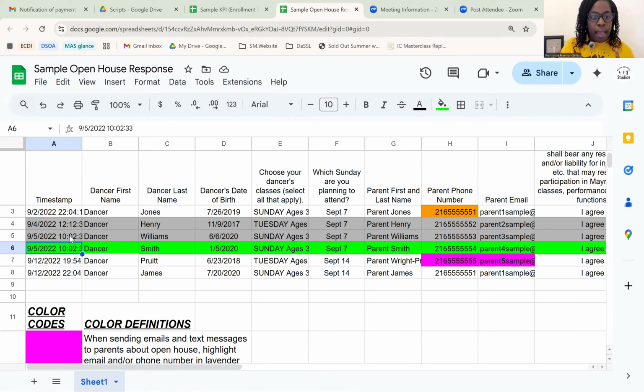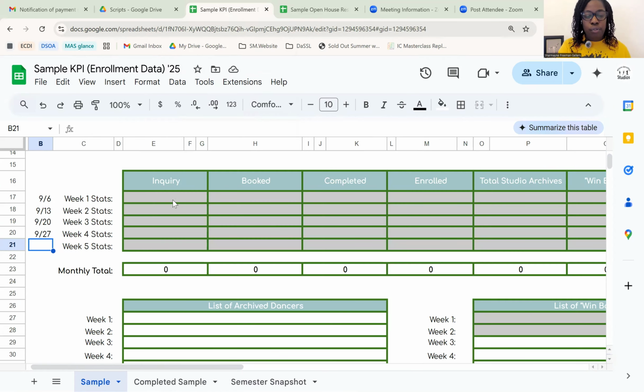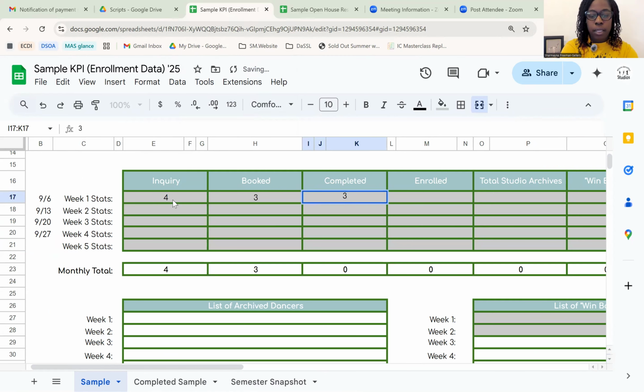So, like I said, we have 4 inquiries, 3 booked, 3 completed, and 1 enrolled. Okay, so let's put that in our KPI spreadsheet. So for the first week, we had 4 inquiries, 3 booked, 3 completed, 1 enrolled.